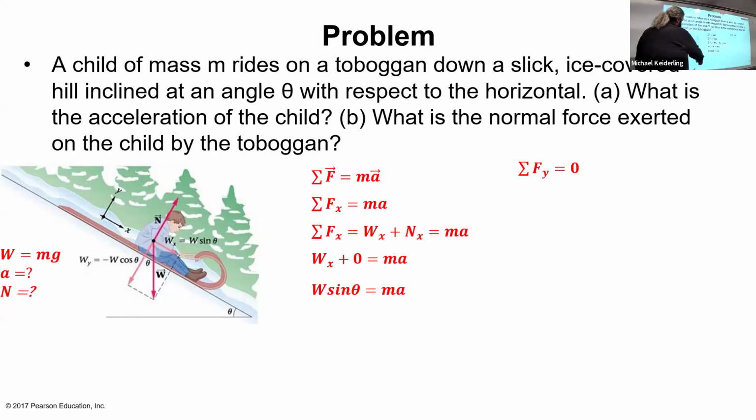That is because this angle here is the angle of the slope. With a little bit of geometry, you can figure out that it is the same as this angle here between the vertical and the weight downwards. We have the horizontal. Then we continue the slope. This angle is theta.